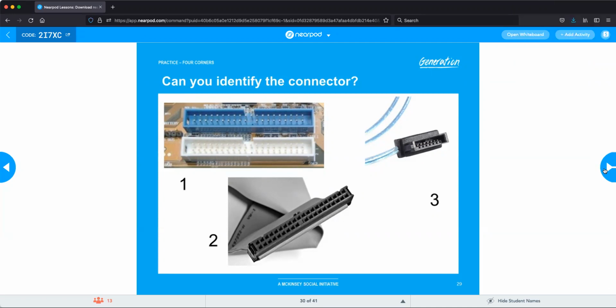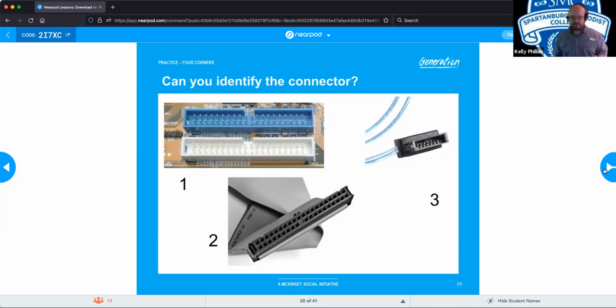Aijan, what is number two, please? I'm not sure. It looks like something 24 connector. It could be mistaken for your 24 pin port on your motherboard just by the shape of it, but it does have more pins.